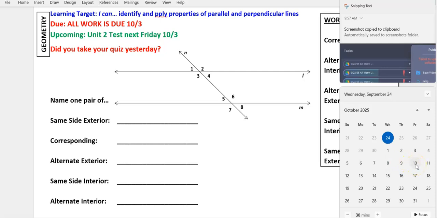If I'm remembering right, I think you have next Friday off, the 10th. So where it's the 24th, I think the 10th is a student holiday, so we have the 9th. 10th is what? Let's find out.